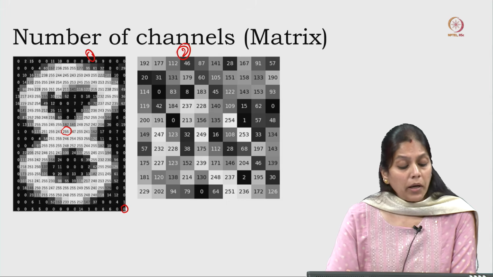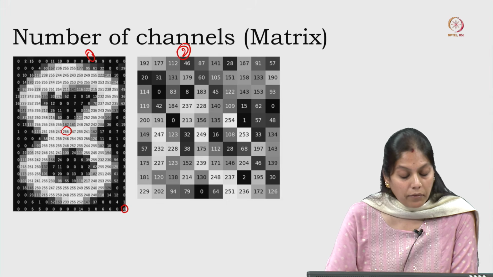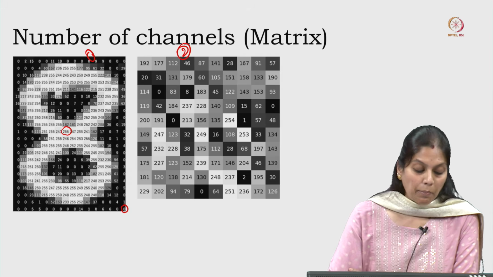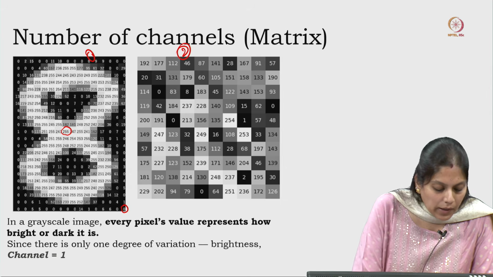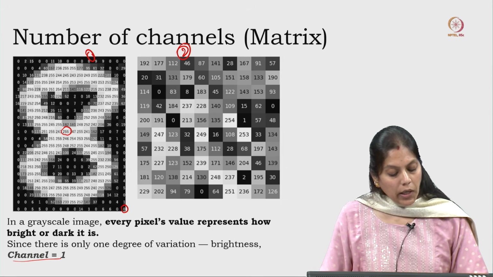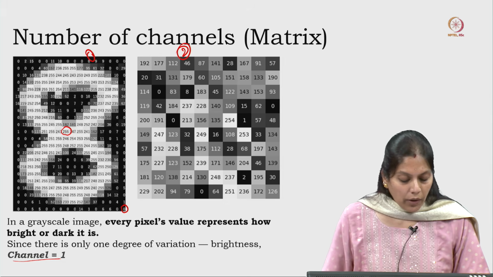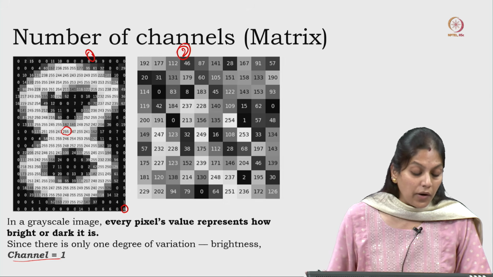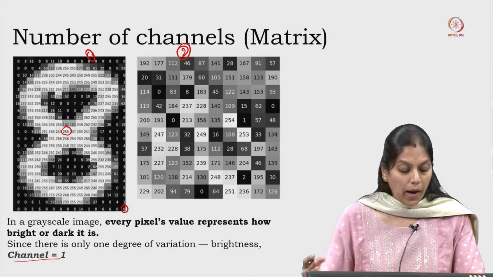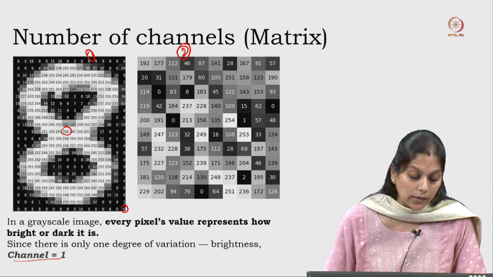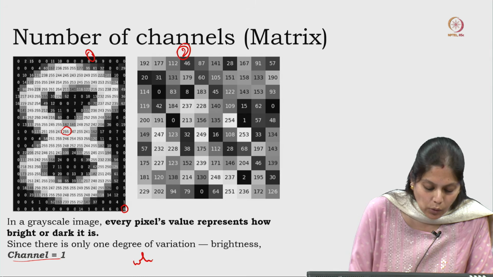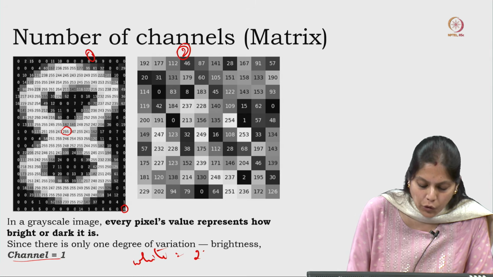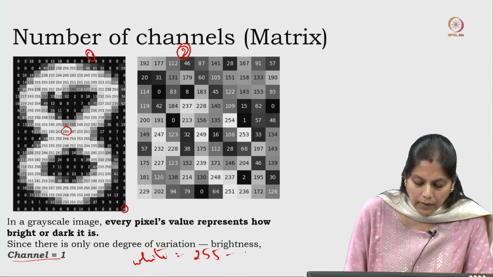Now, how many channels are there for a grayscale? The number of channels here is 1. Why exactly is it 1? If you look into this very carefully, we do not have different colors. We cannot say black and white are two different colors here. We can see white as 255 minus the black intensity.